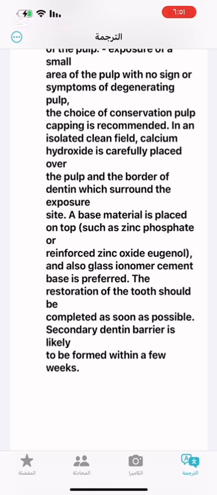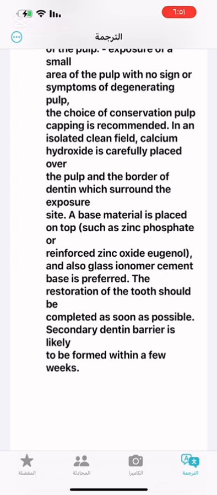The choice of conservative pulp capping is recommended. In an isolated clean field, calcium hydroxide is carefully placed over the pulp and the border of dentin which surrounds the exposure site.